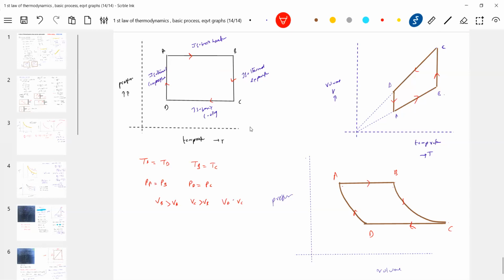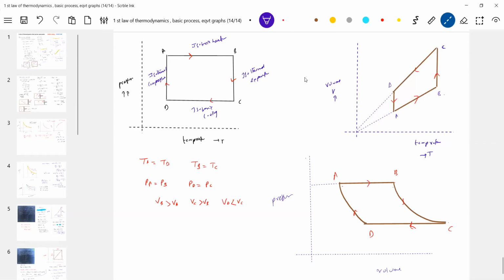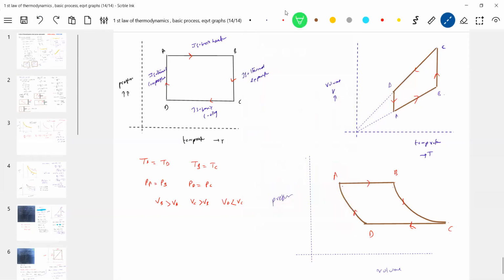So there's a small correction here. AB should be parallel to DC, isobaric process. What is isobaric process? Pressure should be constant, no? None of the things are working.